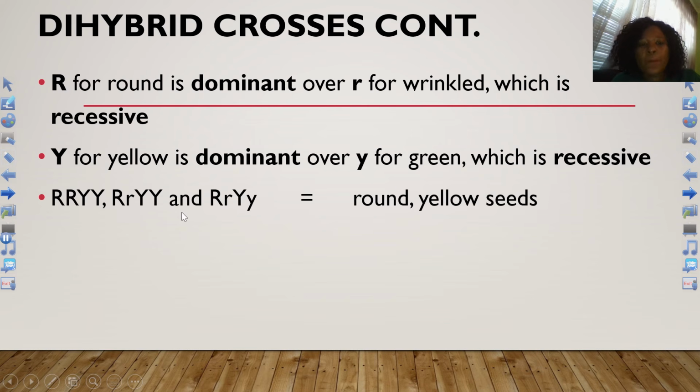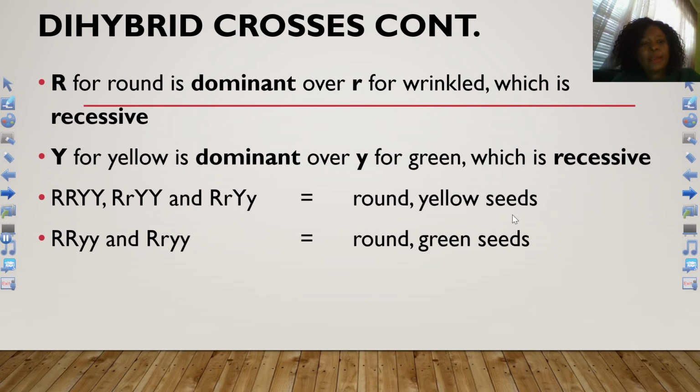So we can actually group the genotypes. All genotypes that have in them a capital R and a capital Y, even if there is a small r somewhere, if it's got capital R and capital Y as one of the two letters there, then the offspring will have round and yellow seeds.